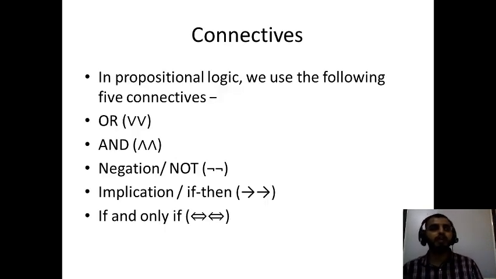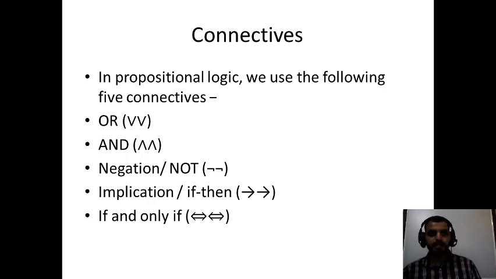Now what are the connectives? What are the connectives which make the proposition logic? In proposition logic, we use the following 5 connectives. This is the thing that you have studied from class 10th. Again we are studying this, but in a different context.